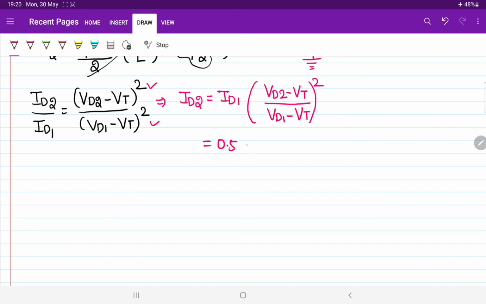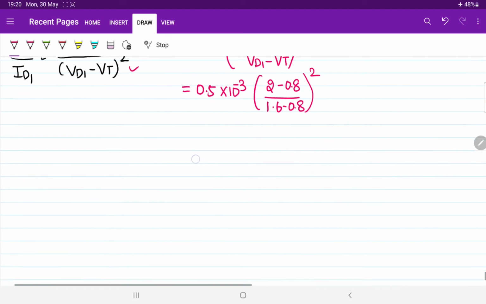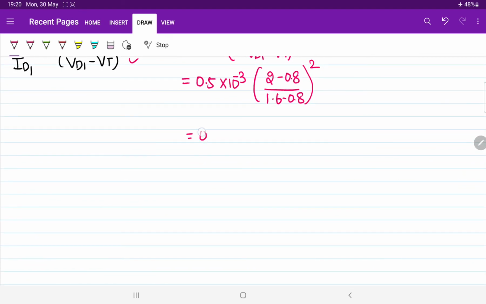So ID1 is 0.5 into 10 power minus 3, times in brackets VD2, which is 2, minus 0.8, upon case number 1, 1.6 minus 0.8, whole square. What will you get? By solving this expression you get 0.5 into 10 power minus 3.